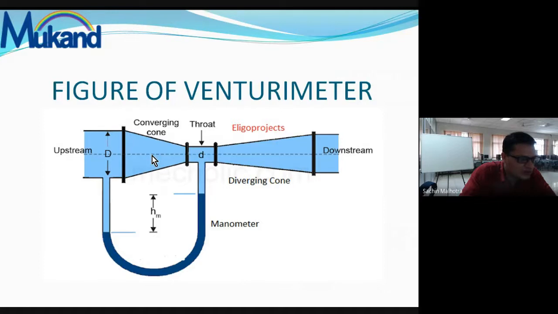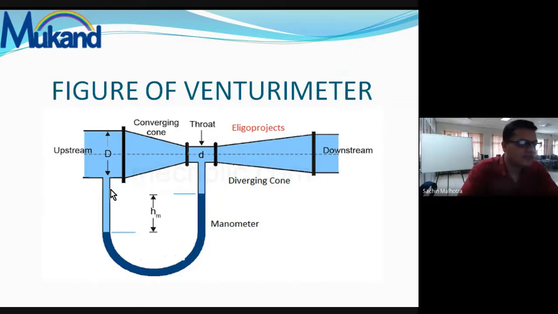So this is the venturimeter consisting of three parts. Again, the first is the converging part, where the area is gradually decreasing. This is the throat, where the area is constant and minimum. This is the diverging part, where the area is increasing.